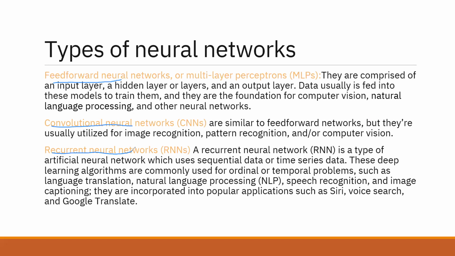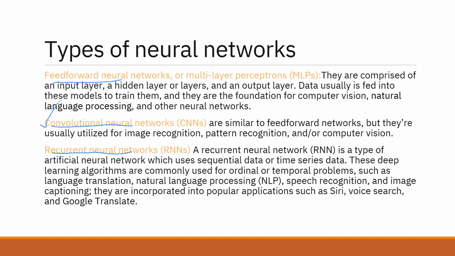But when we are talking about multi-layer perceptrons or feed-forward neural networks, there can be multiple hidden layers. Data is fed into these models to train them, and they are used for computer vision, natural language processing, and other tasks. So this is the first one, the feed-forward network.